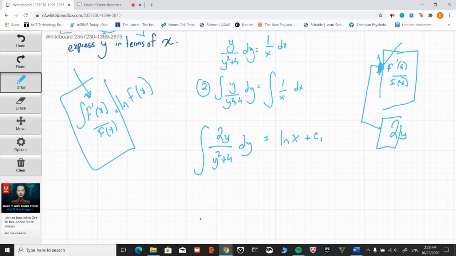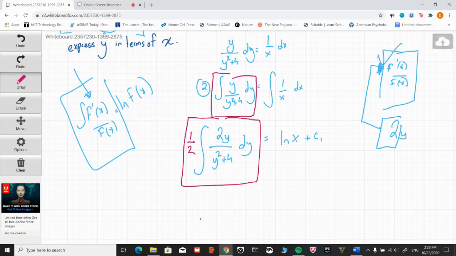So we need to somehow adjust so that the line above and the line below are equal. For that, I need to multiply a half. Because when I multiply a half, this 2 and 2 cancel each other out, making sure the value of this integral remains the same. It's just the format that's changing, in the form that we want.